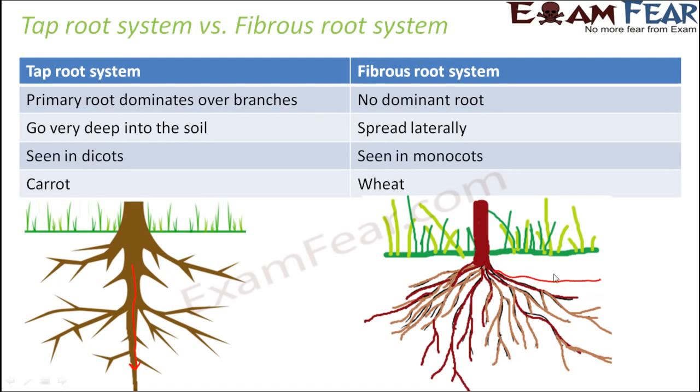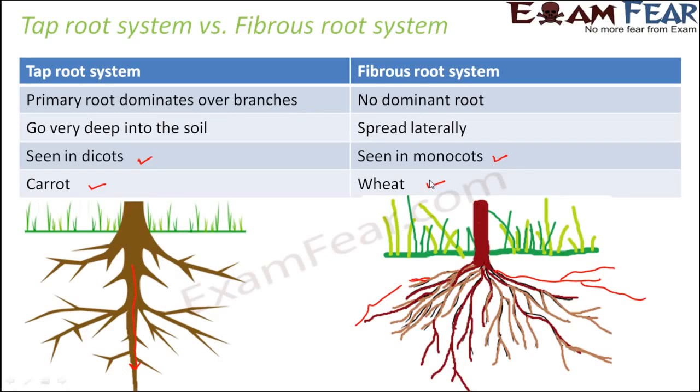So here the spread will be somewhere like this, a lateral spread rather. So here it will spread laterally, and in taproot it will spread in depth. Taproot system is seen in dicots, whereas fibrous root is seen in monocots. Some examples: taproot in case of carrots, whereas fibrous roots in case of wheat. So this is how we distinguish between taproot system and fibrous root system.